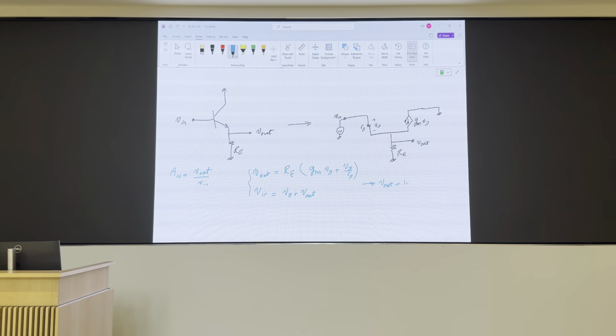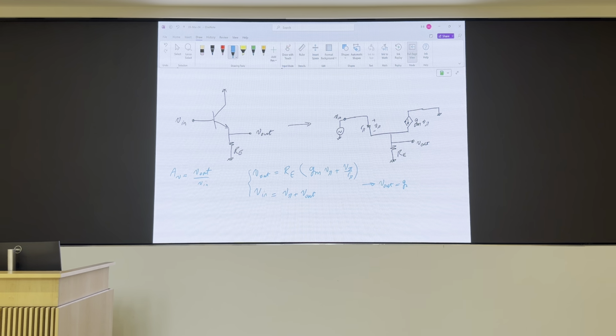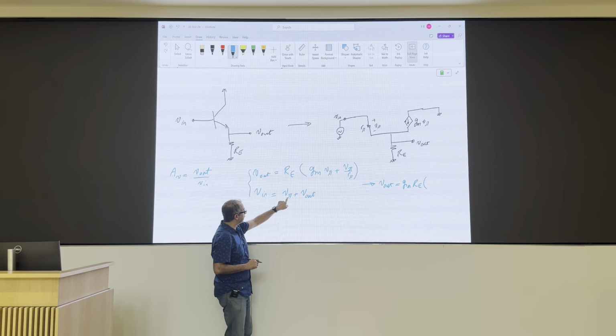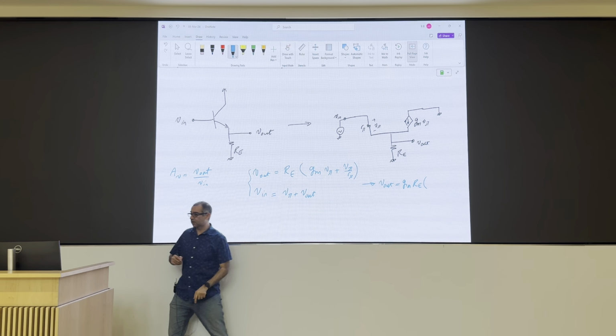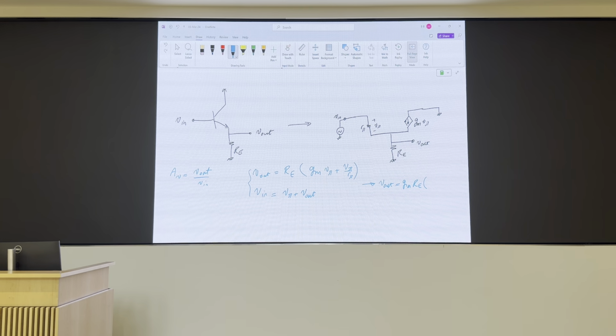So V out is gm RE, and from the second equation I find that V pi is Vin minus V out. I'm done.